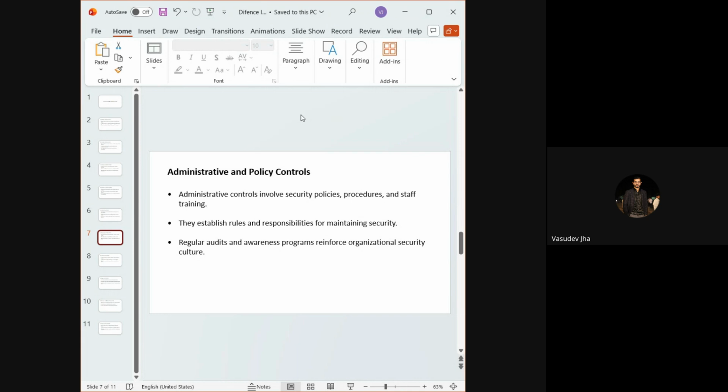So in administrative control, basically the policies and procedures are created, implemented, and monitored from your administrative control. Then what is the benefit of DID, defense in depth? It provides multiple layers of defense, making it harder for attackers to succeed.